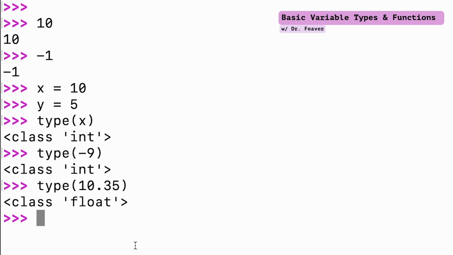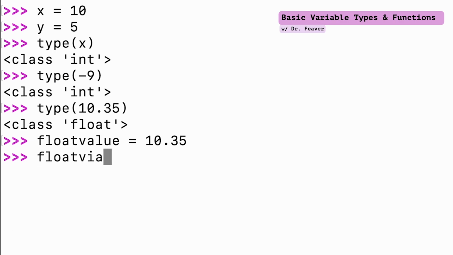So I could do something like float_value equals 10.35, and then I can use this to do any sort of math operations. So I could do something like float_value plus x, and it's going to add up x, which is 10, and float_value, which is 10.35.